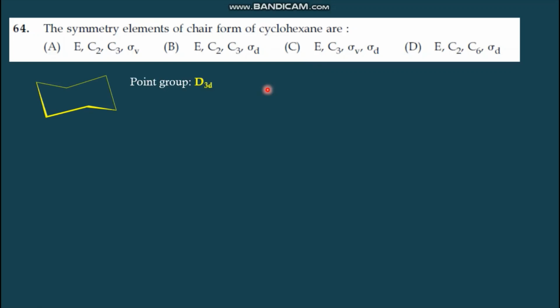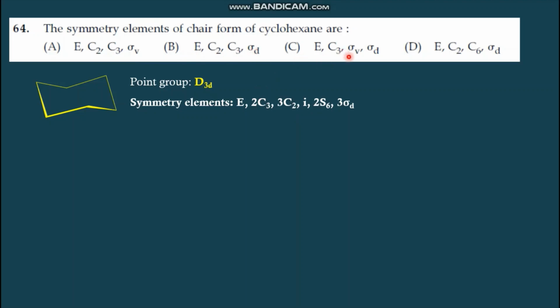Now cyclohexane has a point group of D3d, and the symmetry elements are E, 2C3, 3C2, i, 2S6, 3σd. These are the symmetry elements for the D3d point group, and we can check in option A: E, C2, C3 and σv, and there is no σv in D3d, so option A is wrong. Option B: E, C2, C3, σd, all the elements are there.